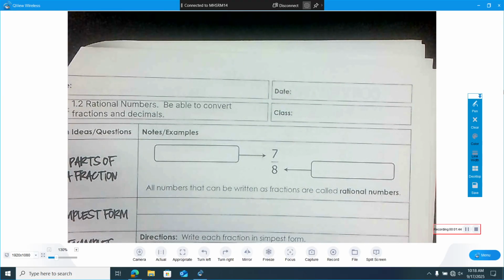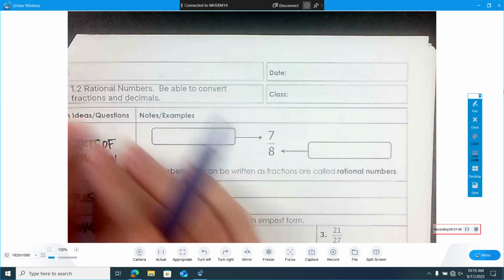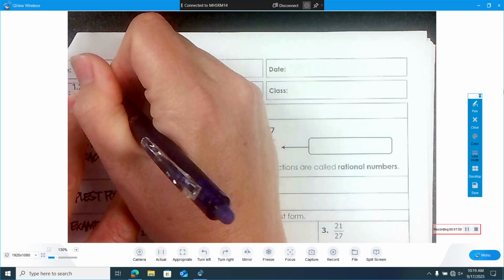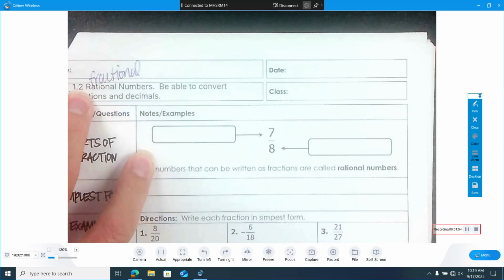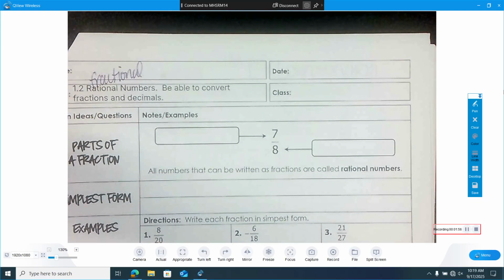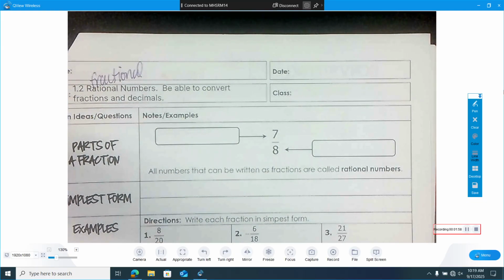So today we're talking about rational numbers. I like to say rational fractional. We've been talking about integers, and really what we're learning in this first unit is all the different types of numbers that we have, our big old number system, okay?